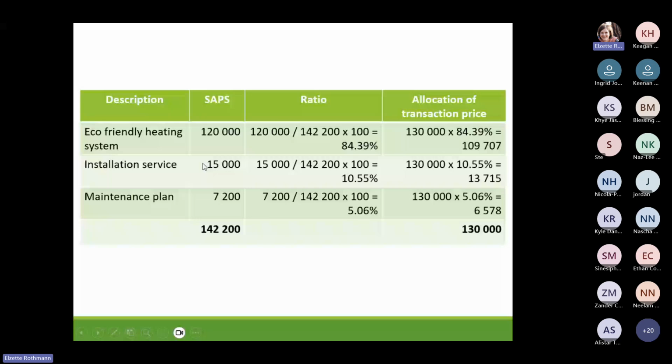So now for the eco-friendly heating system, we take the 130,000 times this 84.39%. So now we can see that the eco-friendly heating system is 109,707. Okay, so this is the maximum revenue we can then recognize on this eco-friendly heating system.